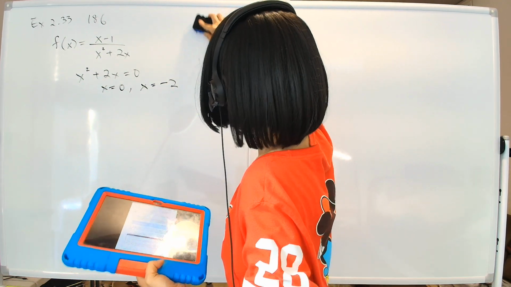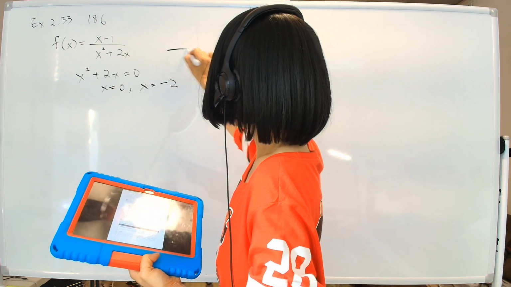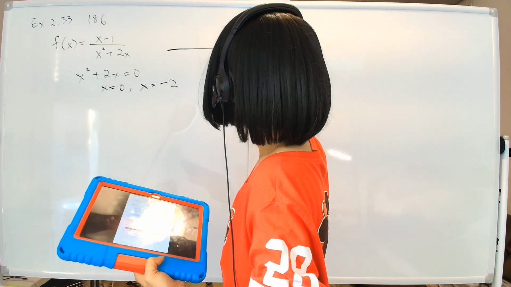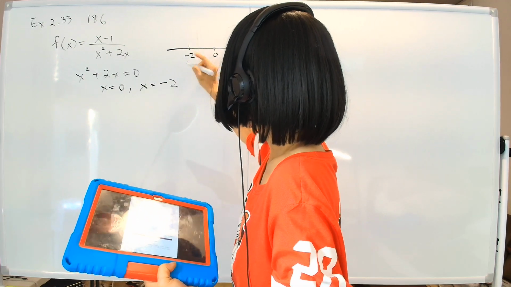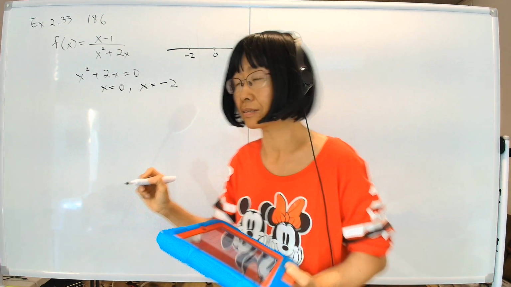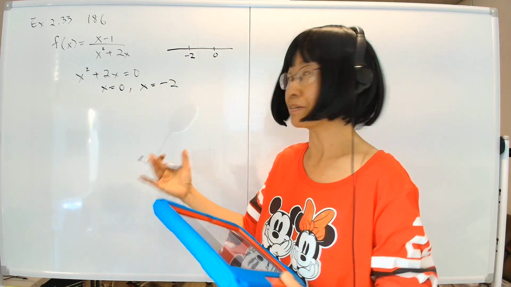I'll just draw the number line here. On the number line, you have x equal to 0 and x equal to -2. Those are the 2 points where this thing is going to go nuts, right? The rest of the time is perfectly good.